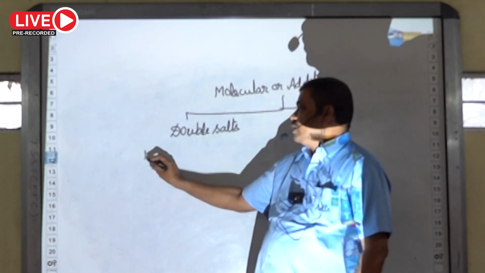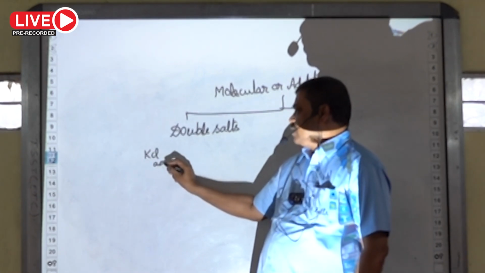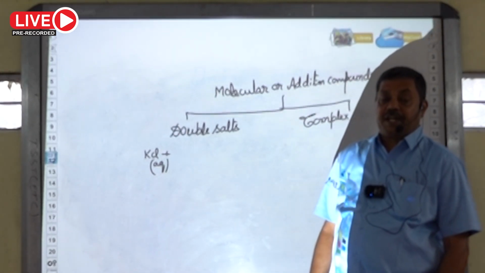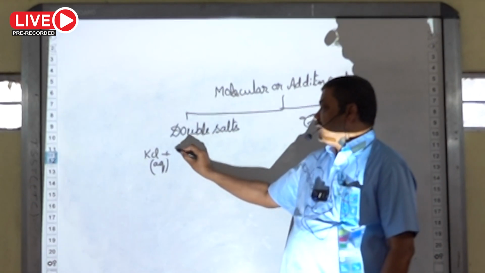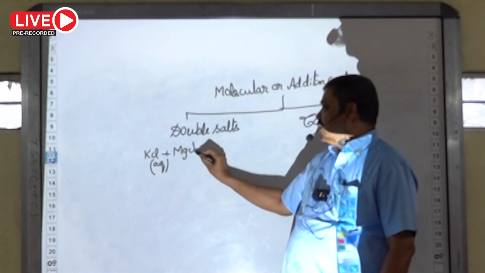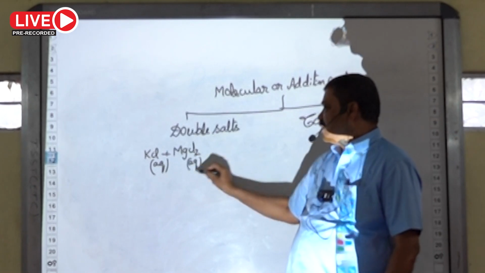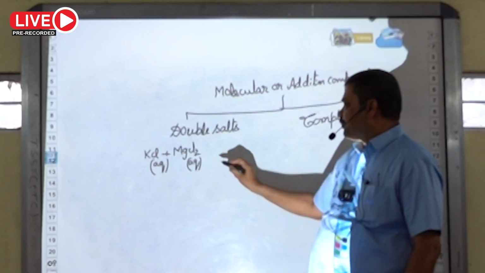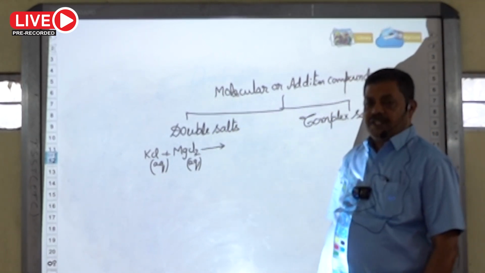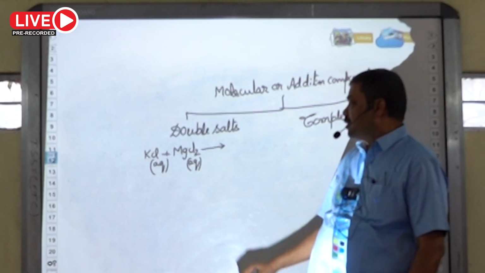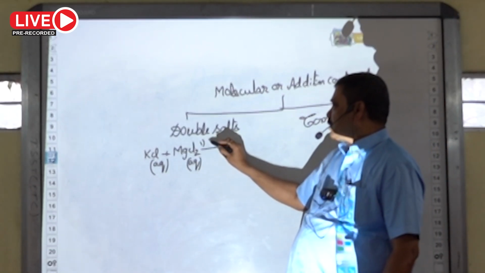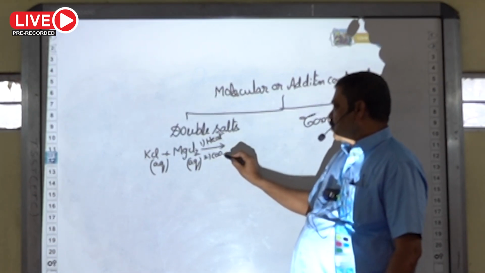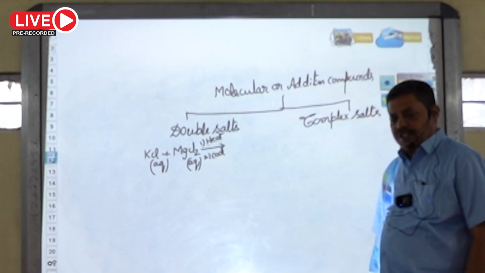I'll give an example. If you take KCl aqueous solution in saturated condition and combine with magnesium chloride saturated aqueous solution, these two solutions are boiled and cooled. First you have to heat, second you have to cool. Two things you have to do.